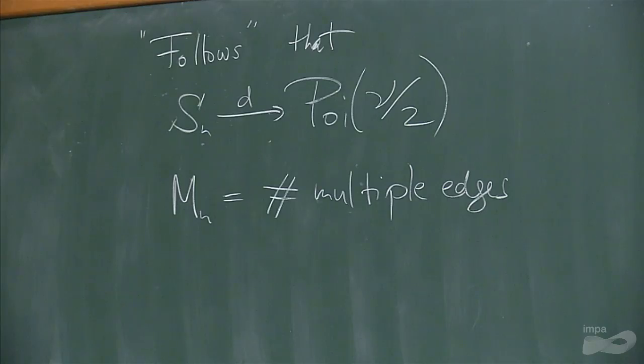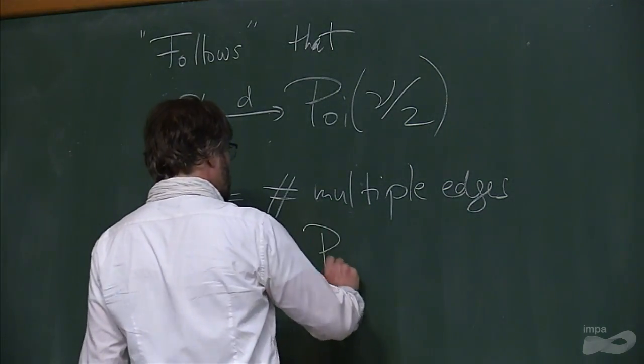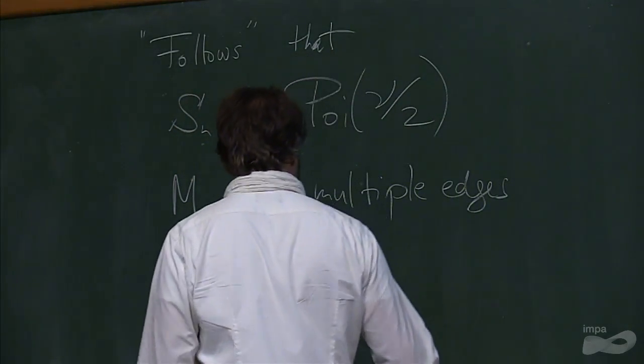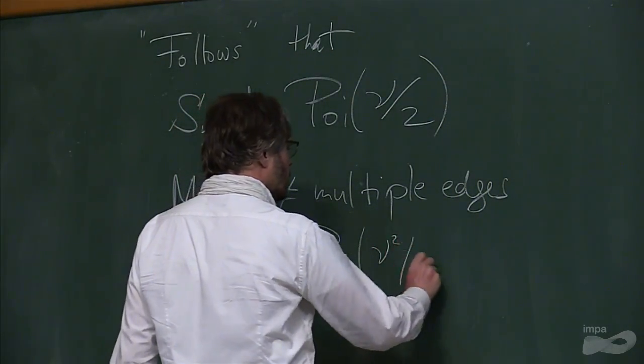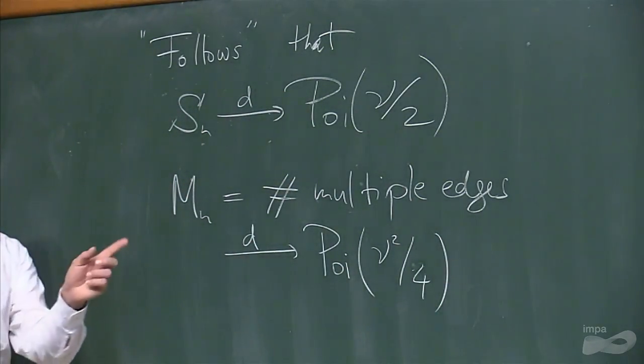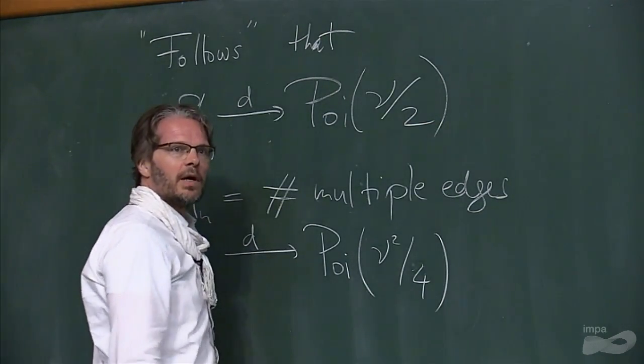And this turns out to converge in distribution to a Poisson random variable, and I always have to think about that, nu squared over 4. So the 1/2 here came from symmetry, and the 1/4 here also comes from symmetry. It's a very similar idea.